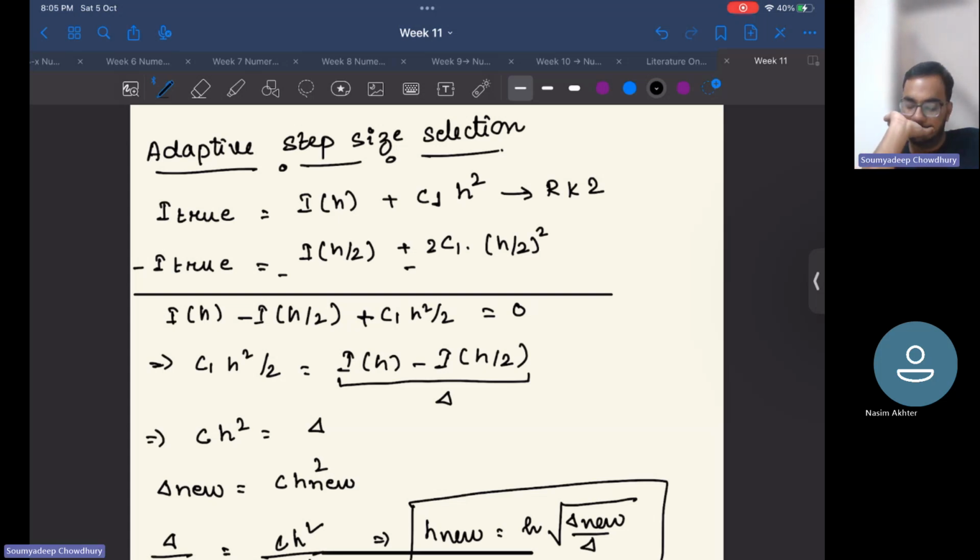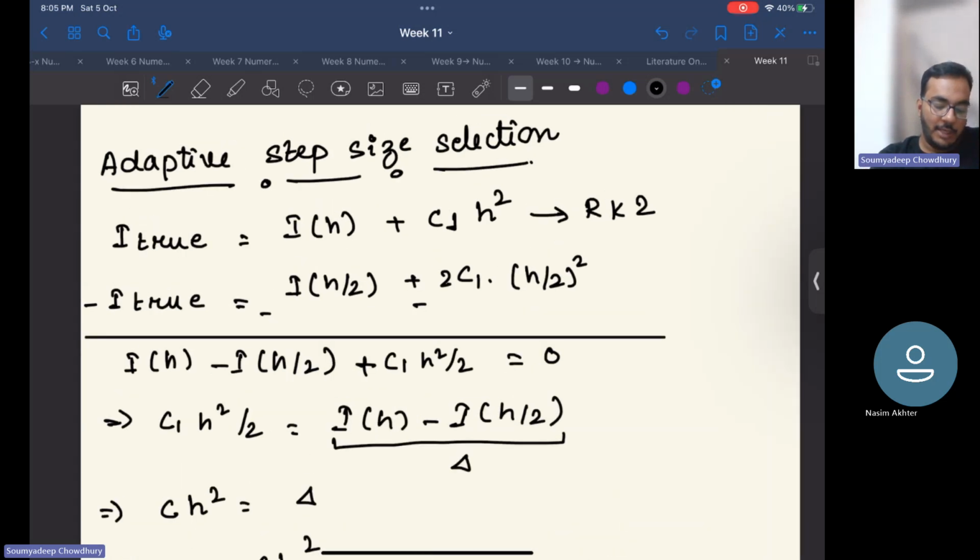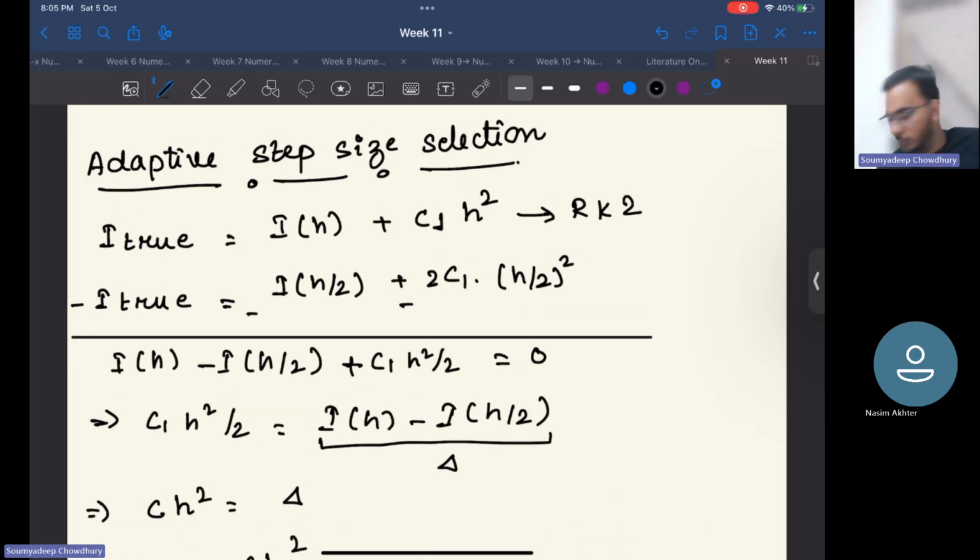Okay, so our RK2 method is accurate up to O of h square, right? Since it is accurate up to O of h square, we can write our solution as I true, that is the actual solution which is obtained analytically, equal to I of h plus C1 into h square.